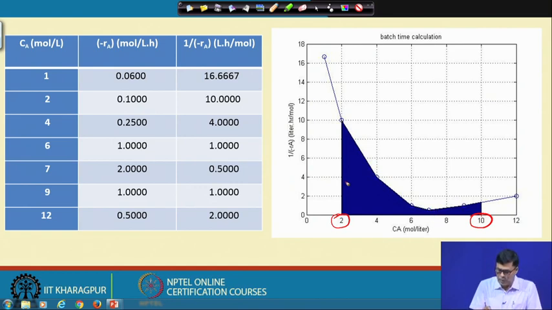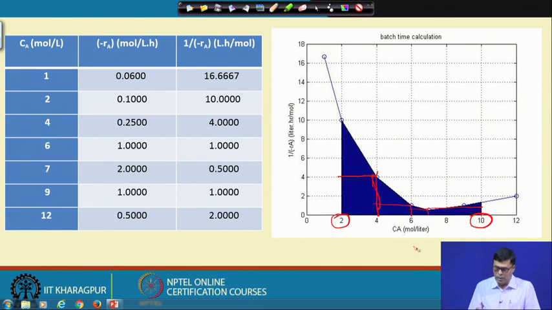You can do this very easily. You can consider this part as a triangle, then from here to here as a rectangle, then here again a triangle, again a rectangle, and like this you can continue.